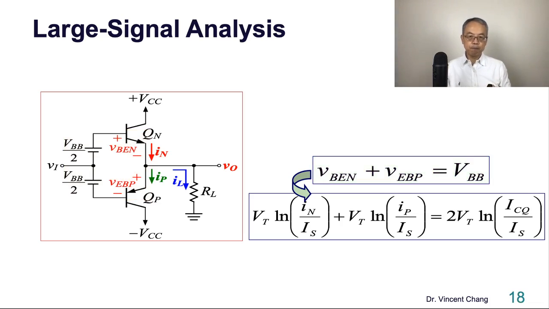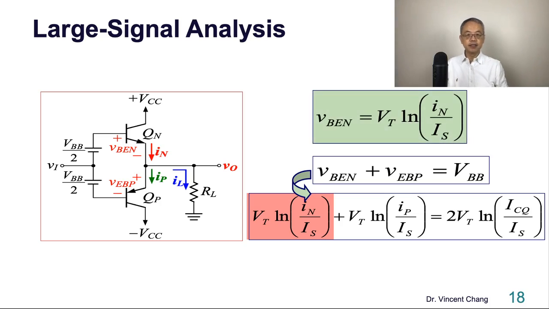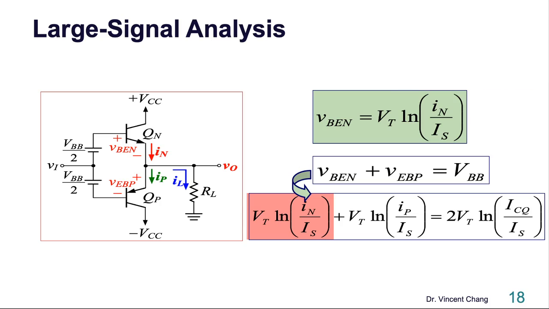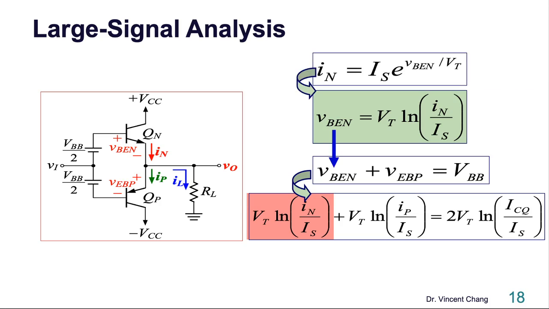And then, the first term, you should be very familiar with this. Why? Because VBN equals VT natural log IN divided by IS. Why this? Because the relationship between IC and VBE is exponential.